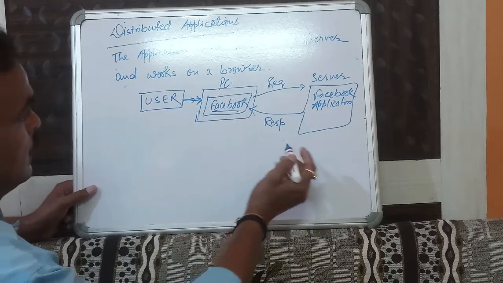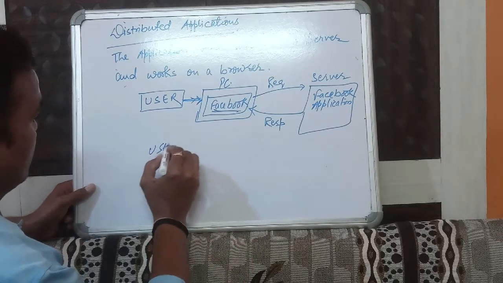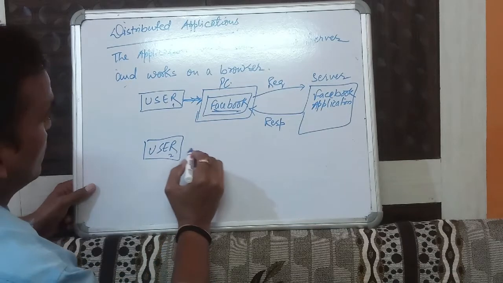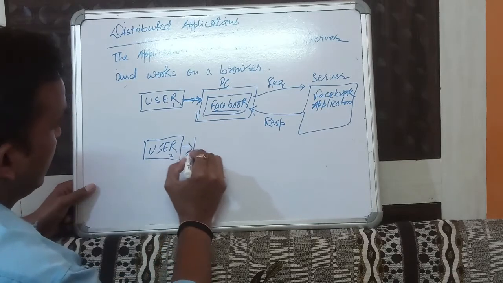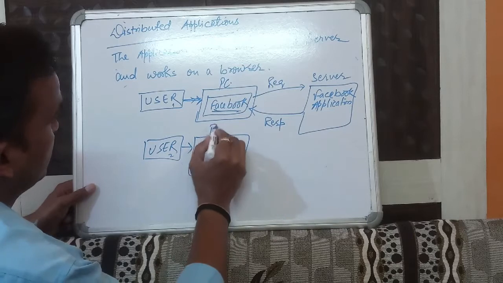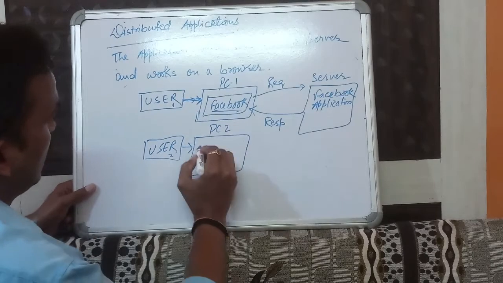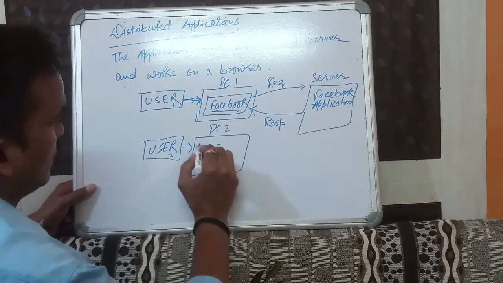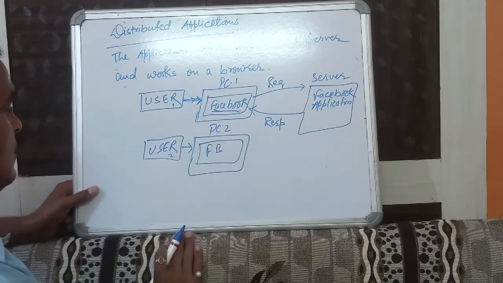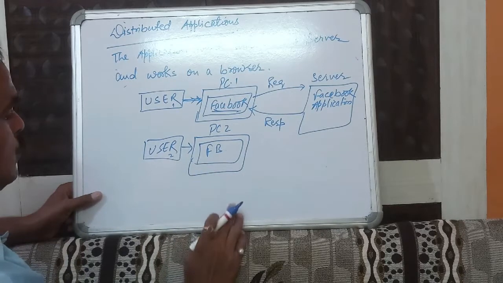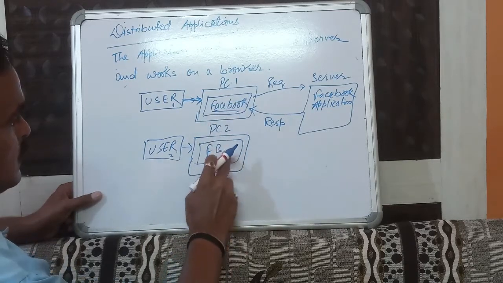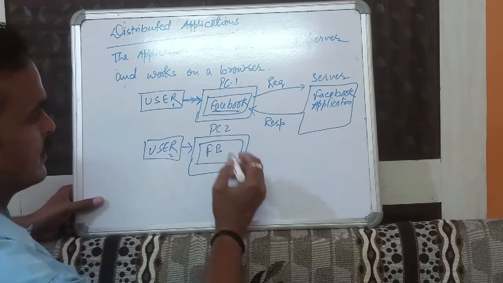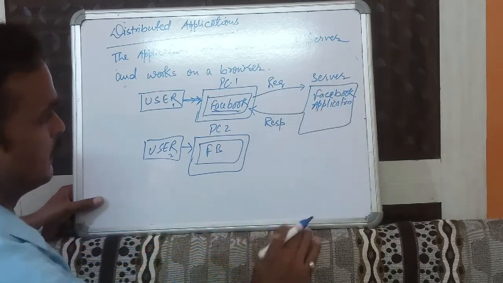Okay, suppose there is another user, that is user 2, that is user 1. So again he has one PC, PC 2, and he is also using Facebook. So that user also has no need to install Facebook on his personal computer, because the Facebook application is already installed on the server side machine.